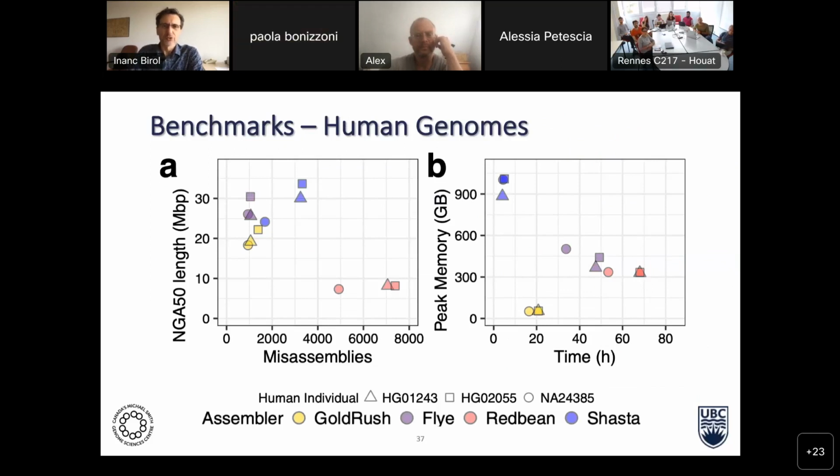Right, so compared to Shasta. Yes. The majority of the time was spent on polishing the assemblies.